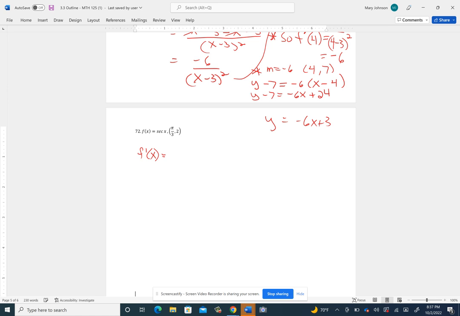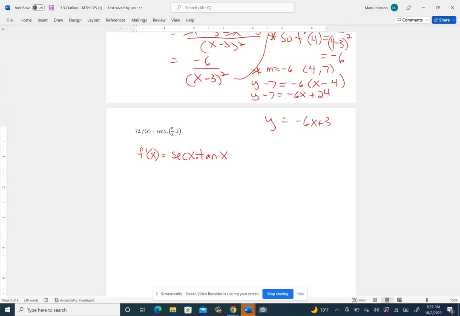This isn't really a product or quotient rule, but we talk about secant in this section because secant is really 1 over cosine. They basically used the quotient rule to come up with the formula for the derivative of secant. You just need to know it; you need to memorize these. The derivative of secant is secant x tangent x. That product has an understood times right there.